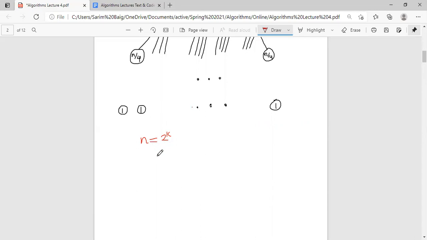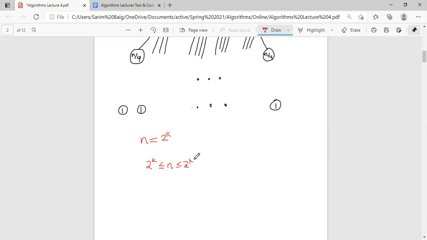But here is the truth that for every positive number n, if it's not a power of 2, then it lies between two powers of 2. So there is going to exist a k such that it lies like this.